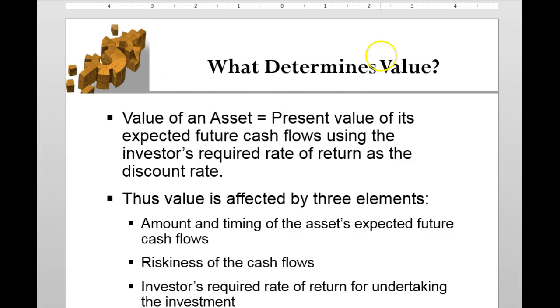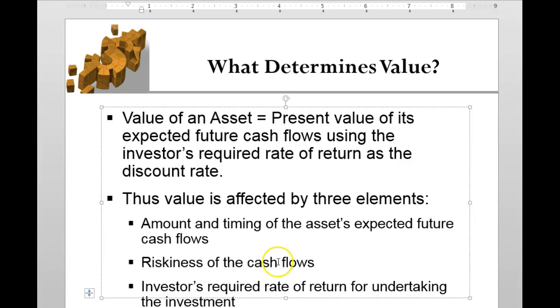So what determines that value? It's the present value of its expected future cash flows, and we all know about present value and future value, and that's what we use. We have three elements: the amount and the timing of the asset's future cash flows, the riskiness of the cash flows, and the investor's required rate of return.